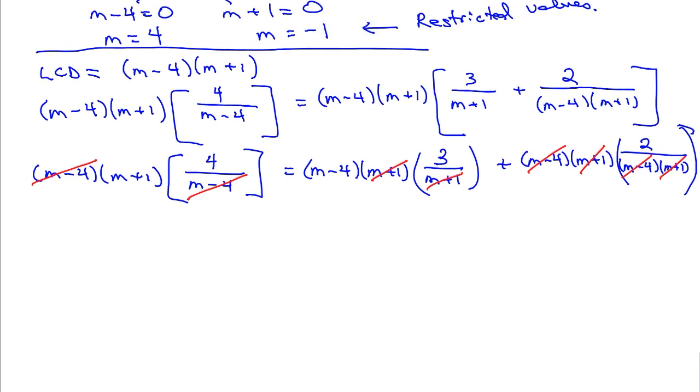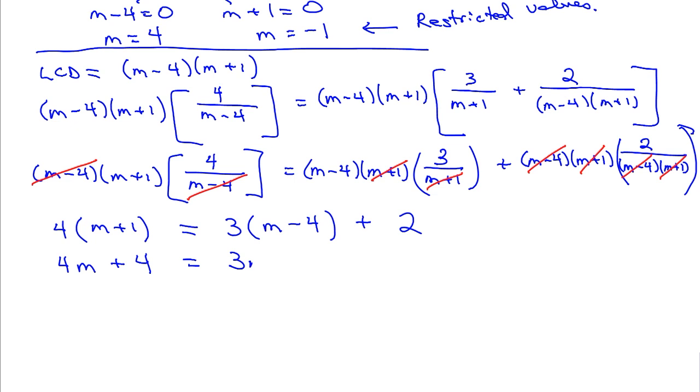So let's write what we have left over. We have 4 times m plus 1 is equal to 3 times m minus 4 plus 2. So clearing out denominators definitely helps. Next, I'll distribute the 4 and the 3. We have 4m plus 4 is equal to 3m minus 12 plus 2. Let me combine the numbers on the right side.